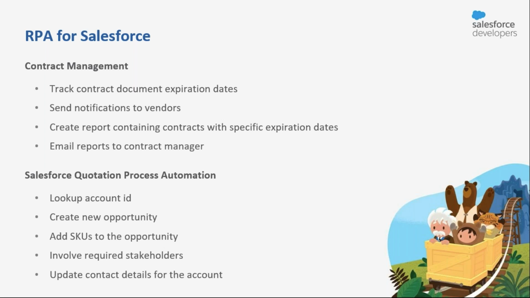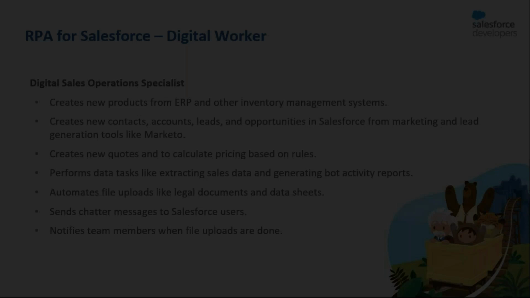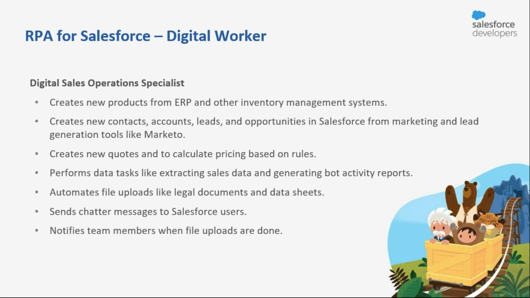Now, we have looked at automating the basic tasks and also some end-to-end use cases. Now, let's look at persona-based automation, which is called a digital worker. In this case, we will take an example of a role called digital sales operations specialist. Let's see what he performs in his day-to-day activities. He creates new products from different ERP systems and other inventory management systems. He creates contacts, leads, quotes.